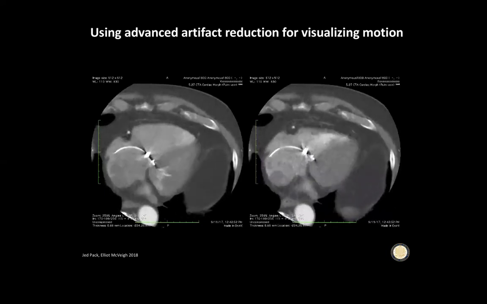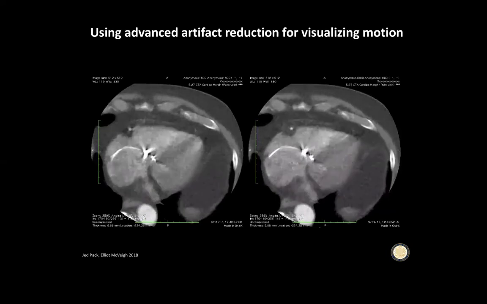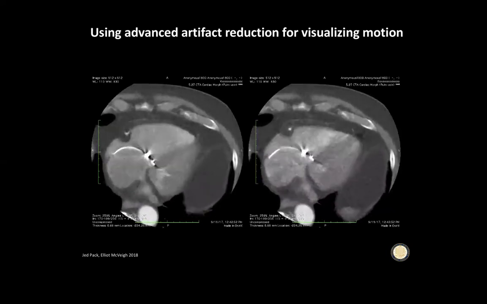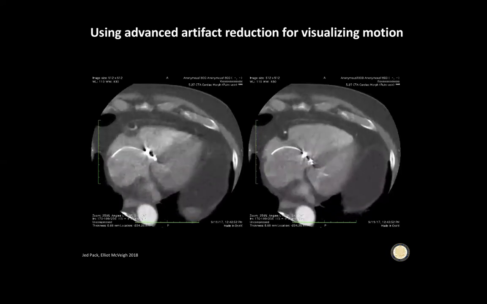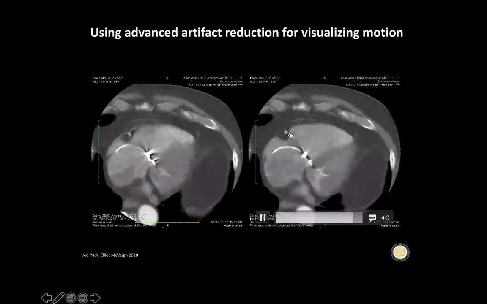And so one could claim at this point, okay, if I know what the motion is, then I can model it in my reconstruction, and my true temporal resolution has increased substantially because every one of these pictures has a very good representation of that artery.